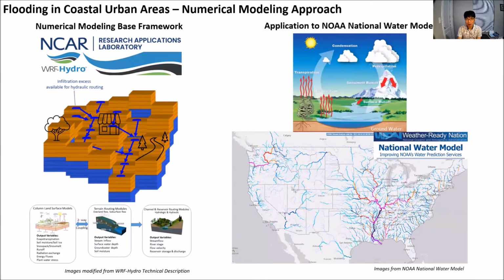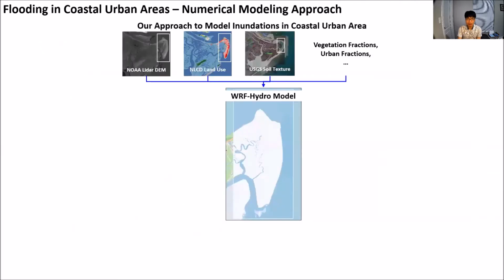As this model code is open to the public, and I think it has good physics engines for hydrology, we have employed this model as our base model framework, and we have extended it further for our local scale flooding applications.